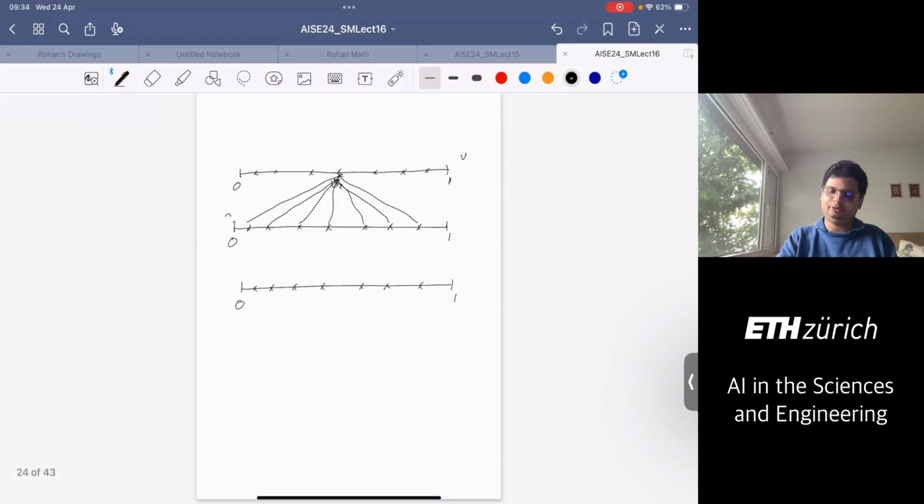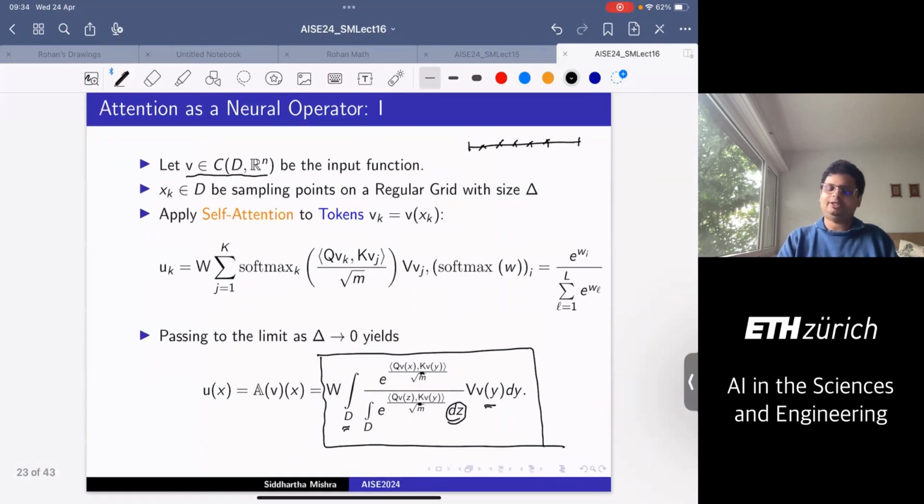This is the integral over Y. This is the integral over Z, okay? So I have to compute the key, the query, sorry, Q at all these points, and I fix Y here. So I have to broadcast up to here. So there are these two loops that are there. Okay. So as you can see, this is a weighted sum of a weighted integral.